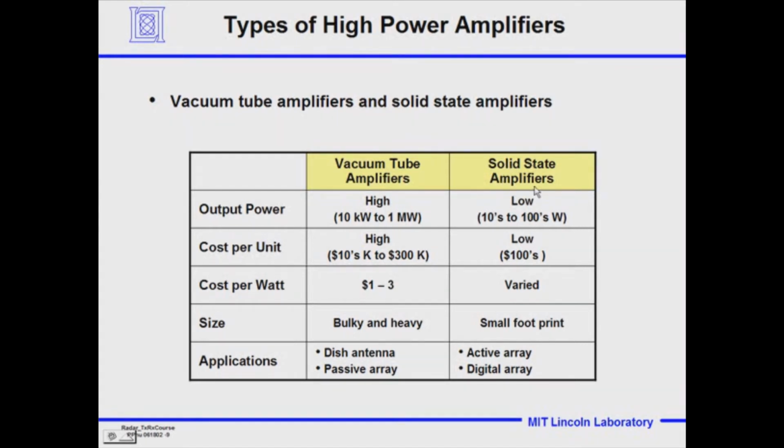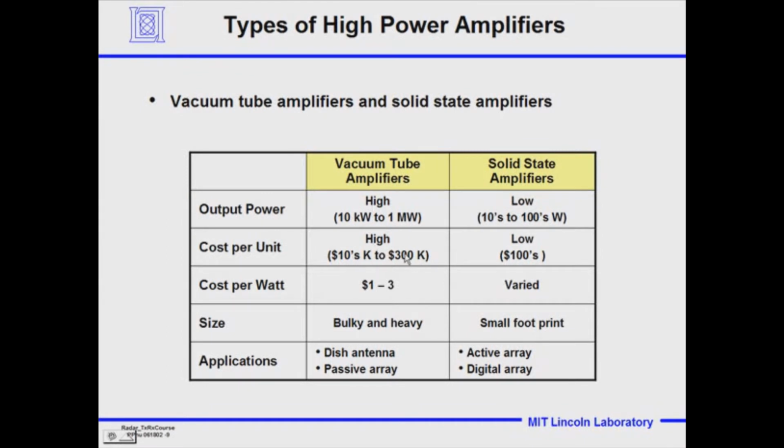The solid-state systems tend to operate at lower average power, at lower peak power, okay, and with higher duty cycle. And the vacuum tube amplifiers tend to operate at very high peak power and with very low duty cycle. And the cost per unit is very high for these vacuum tube amplifiers.